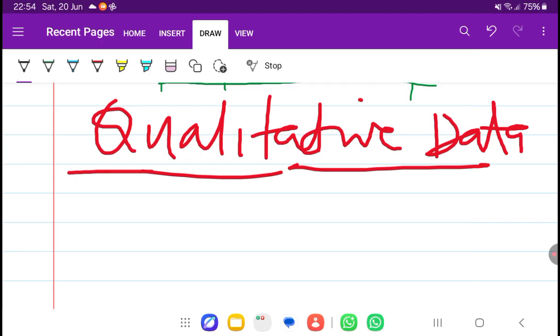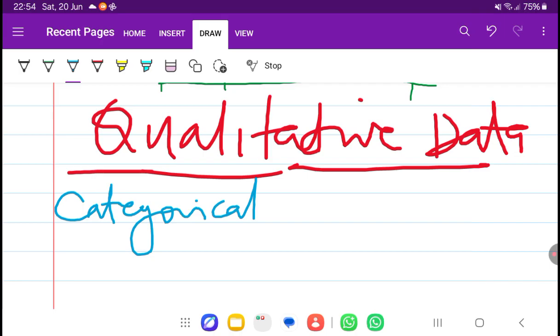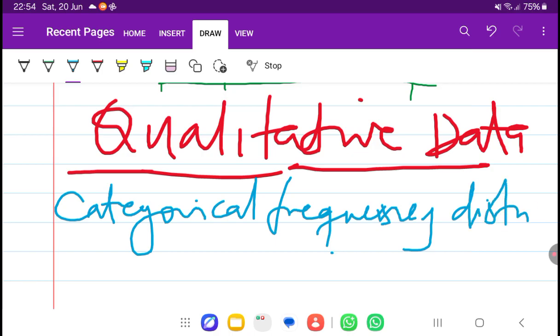Organizing the qualitative data, we organize them into what we call the categorical frequency distributions. So we use what we call categorical frequency distribution for the data that is qualitative.